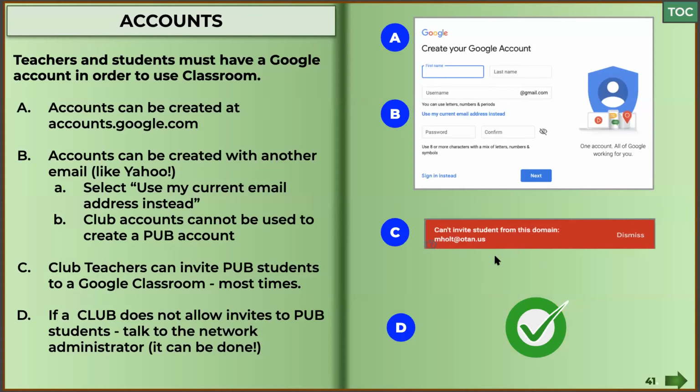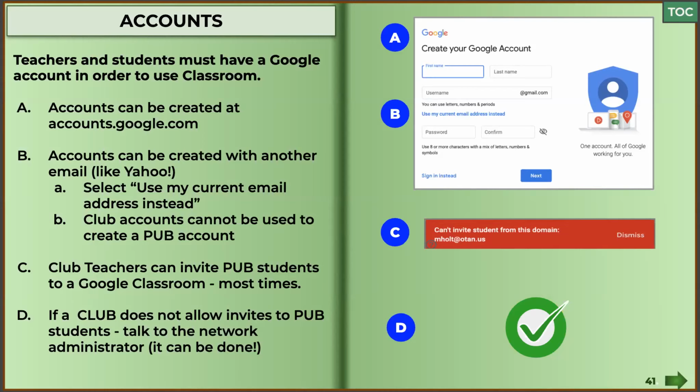And that means that your club cannot share with anybody other than people that have the same ending, right? So if you end in @coabe.com or @otan.us or @scoe.net and your students don't, if you get this message, that means you cannot share with them.